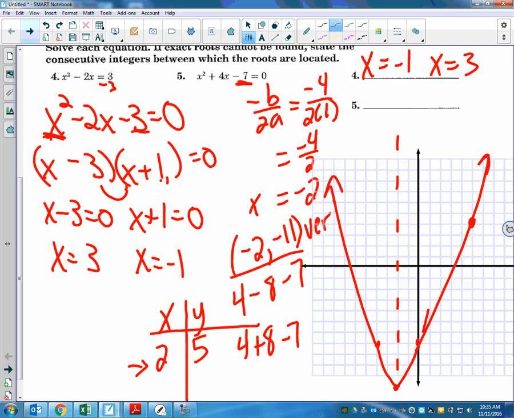If I did 1, 2, 3, 4, 5, if I picked 5 for x, it's not right. I could check it. If I plug 5 in here, I'm going to get 25 plus 5 times 4 is 20 minus 7. So 45 minus 7, 30 something, right?